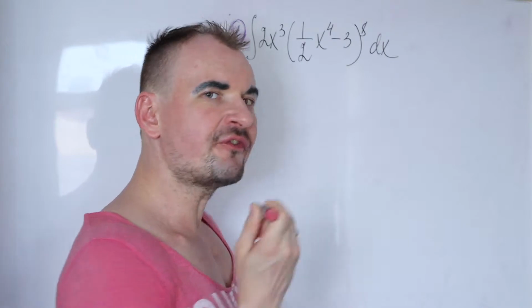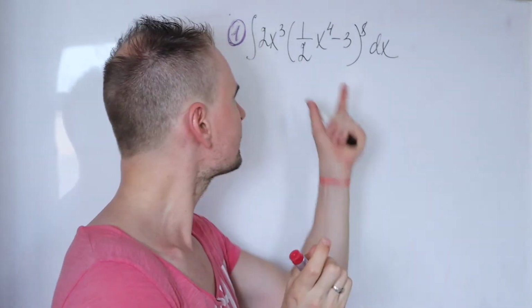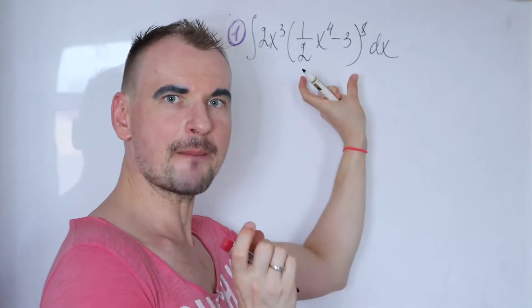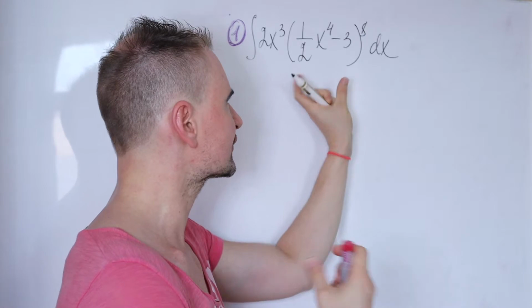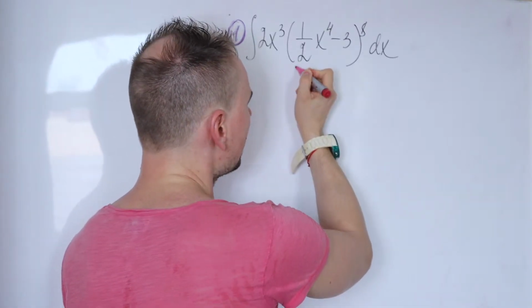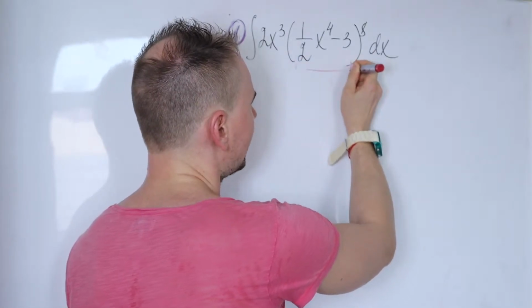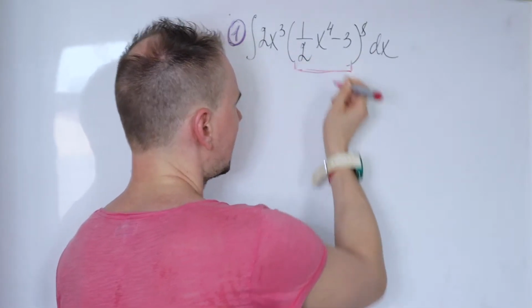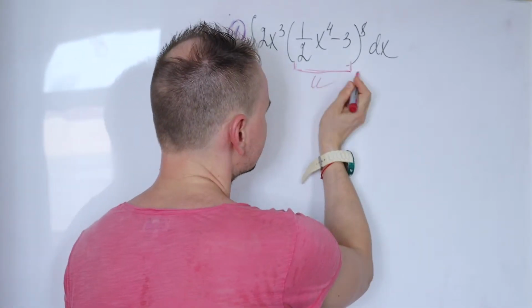You want to define your new variable u as some expression in terms of x. Your u, in this case, is going to be this entire parenthesis, what you have as your binomial here.